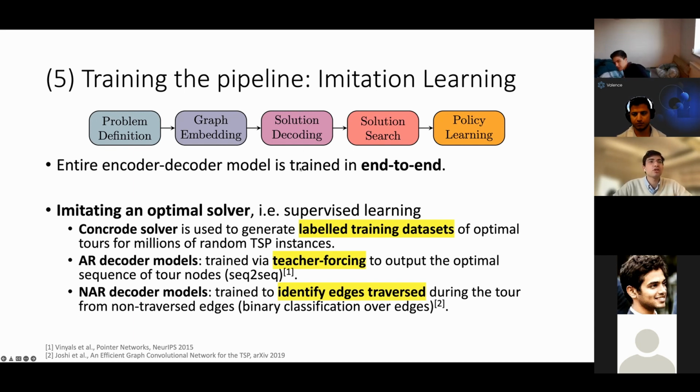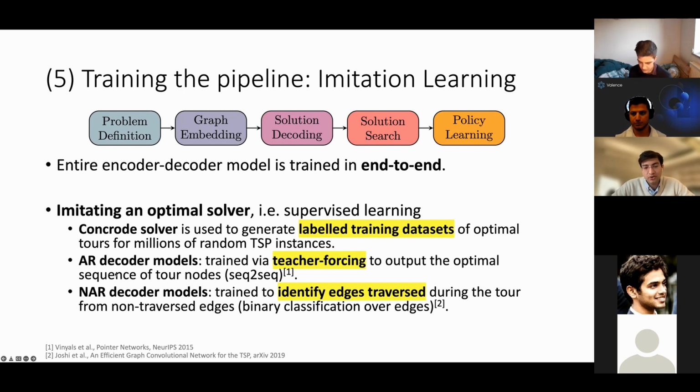And we talked about Concorde, which we can now use to generate a huge labeled set of TSP samples, for example. Or, if you're dealing with another problem, you can use another optimal solver, as long as you have an optimal solver. And then depending on the decoding that you use, you can just train that via supervision.